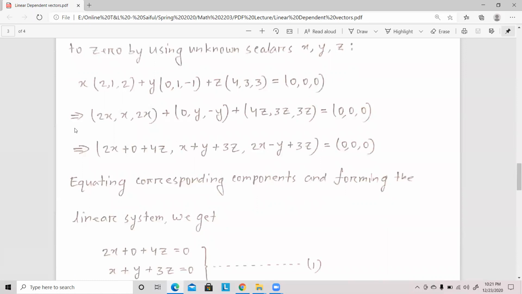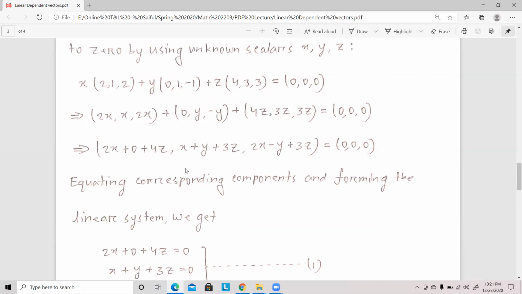And from this, if we take the addition of every vector's components, the first is 2x plus 0 plus 4z, then x plus y plus 3z, then 2x minus y plus 3z.